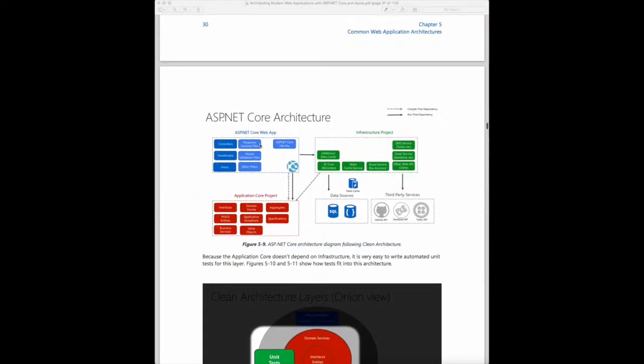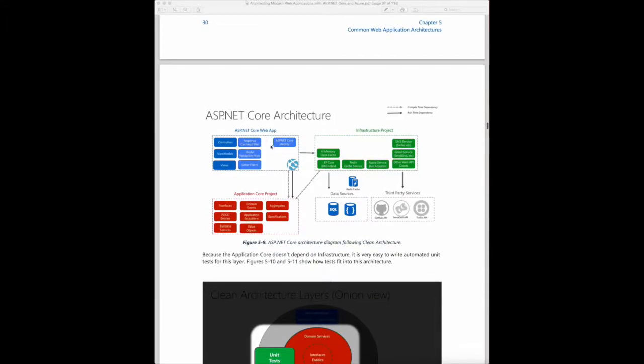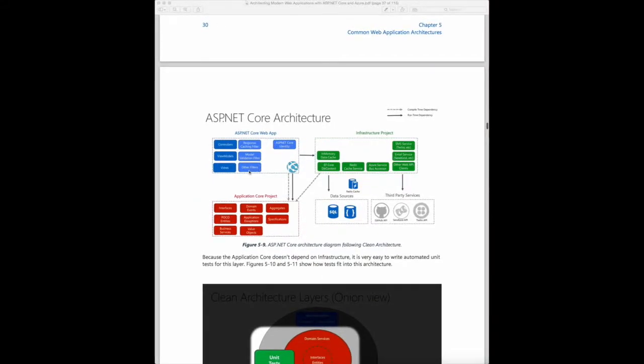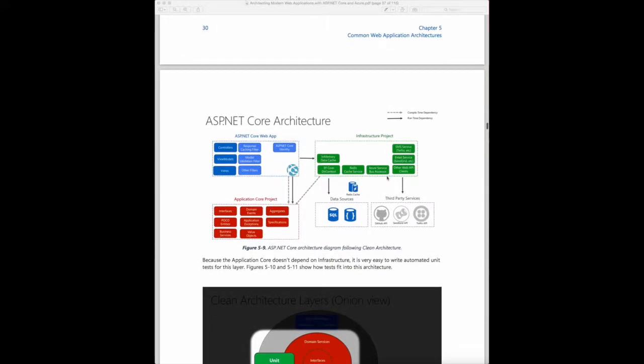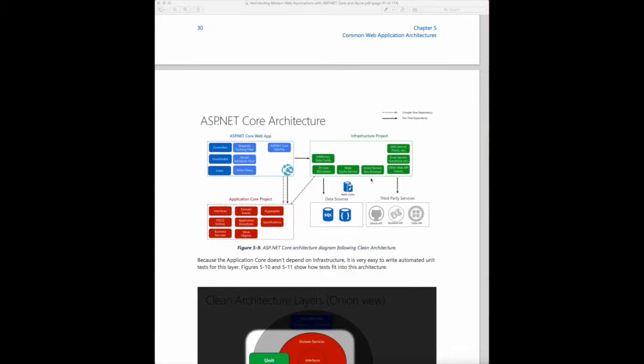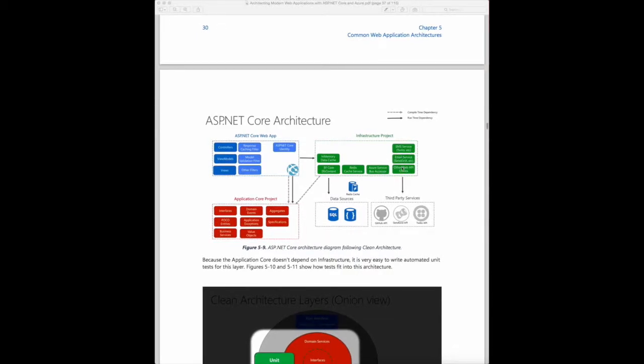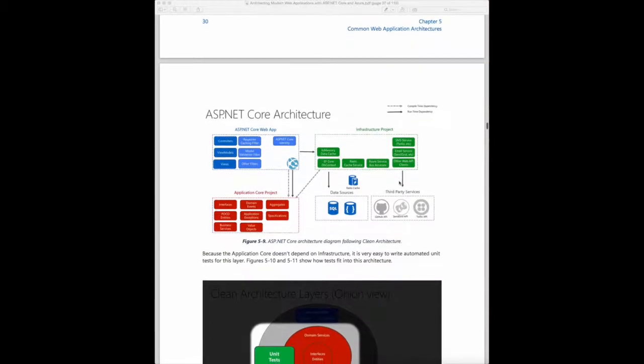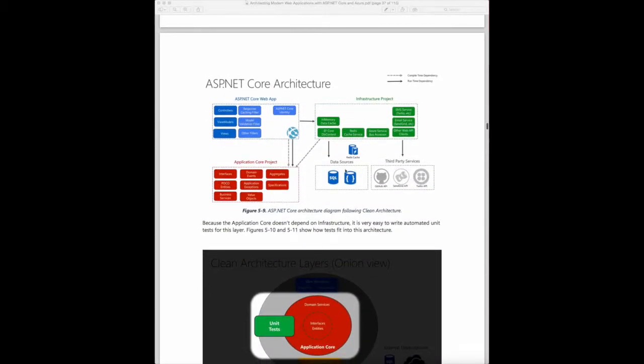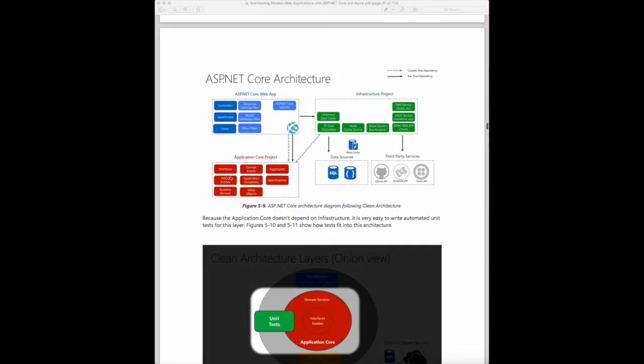Here it's giving the ASP.NET Core architecture. The ASP.NET Core Web App has controllers, view models, ASP.NET Core identity, and other filters. In the infrastructure project, we have in-memory database cache, Entity Framework, Azure Service Bus accessor, SMS services, email, and other web API clients that use third-party clients, and it may be accessing data sources.